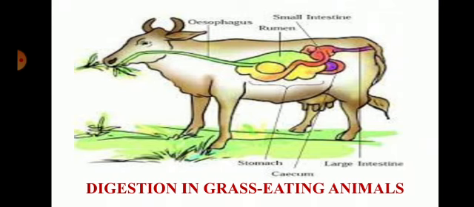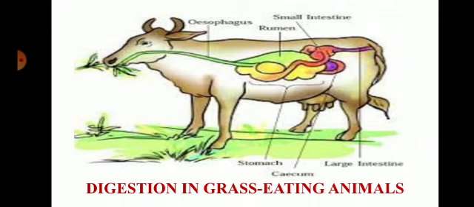Some animals, including humans, cannot digest cellulose because of its complex structure. Some animals, including rabbits and horses, have a large sac-like structure called the cecum, which is present between the food pipe and the small intestine.